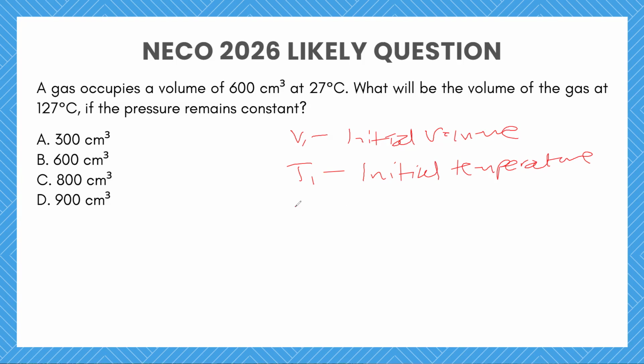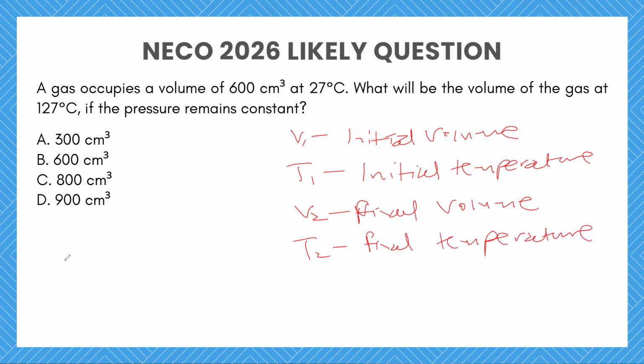And then we have V2 standing for final volume, and T2 standing for final temperature. So let's go ahead and impute our variables.